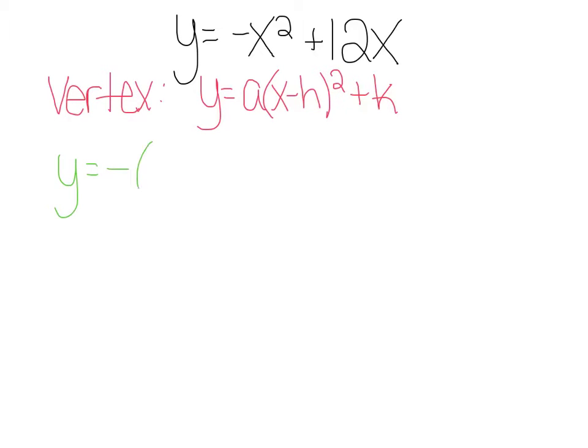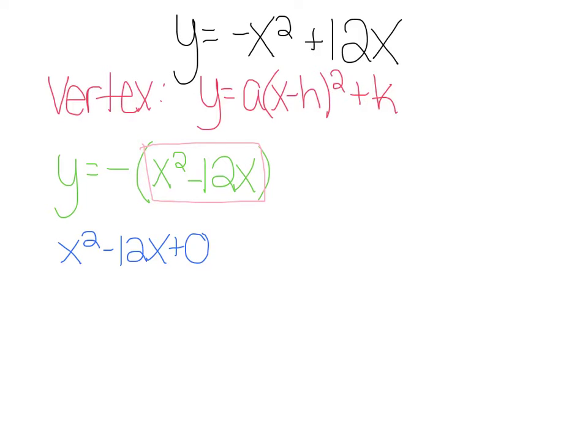So we have y equals negative x squared minus 12x. We are going to work on completing the square and putting into vertex form this part right here. We're going to deal with the negative at the end. So I have x squared minus 12x, and we can say plus 0.